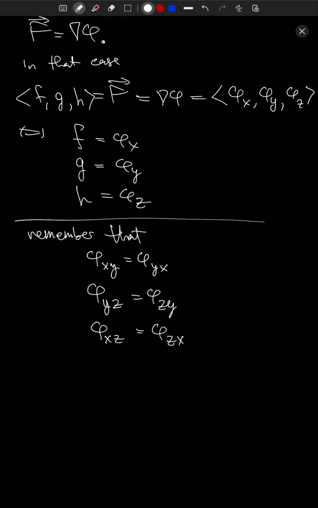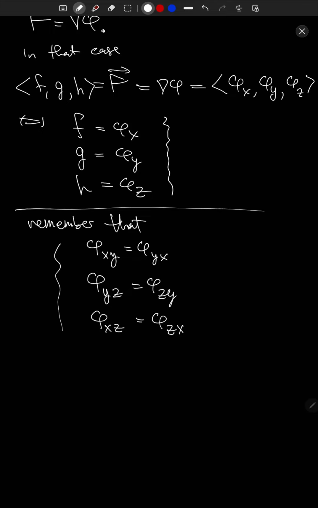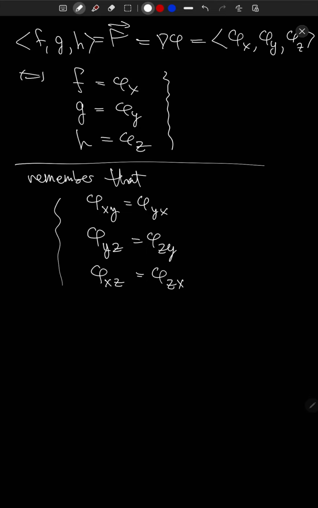So if this is the case, let's go back up here: f is equal to phi sub x, g is equal to phi sub y, h is equal to phi sub z. Let's substitute that into these three equations. Every time we see a phi sub x, I'm going to replace it with f.